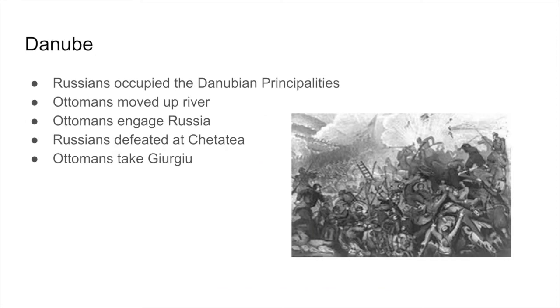All right, so starting with the Danube campaign, Russians lost a lot of occupation in the Danube campaign overall. Russians occupied the Danubian principalities of Moldavia and Wallachia in May of 1853.